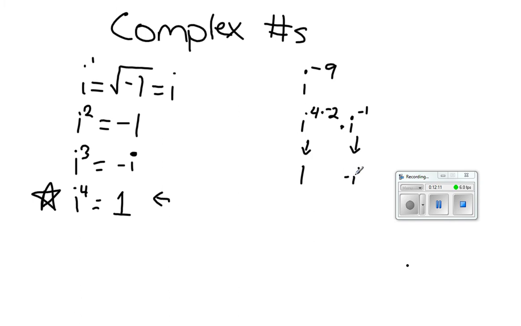And we can actually do this a little bit better, because this still has us doing negatives here, and that's not on our chart. Our chart only has positive numbers, right? So what if instead of 4 times negative 2, we said 4 times negative 3? That would be i to the negative 12th. Which means over here, this would have to be positive, because we have to get back to negative 9.